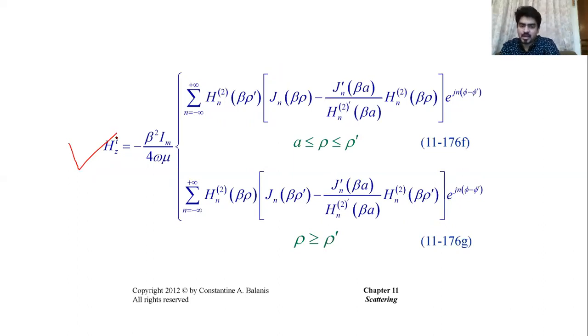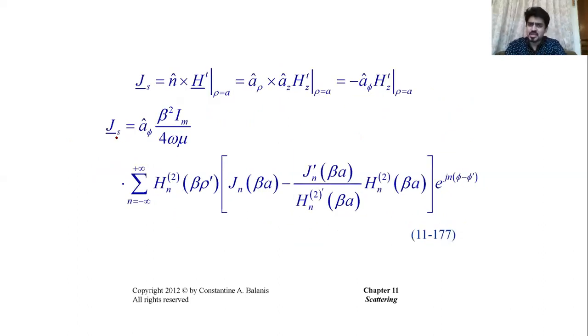Now, as I mentioned, using that Hz, we can find the induced surface current density on the surface of the cylindrical structure at rho equals a. So n cap cross H total at rho equals a will give us the expression for the surface current density.